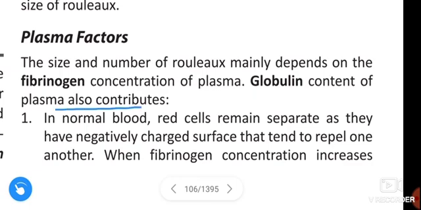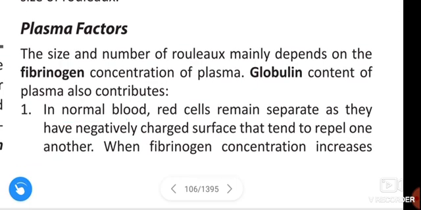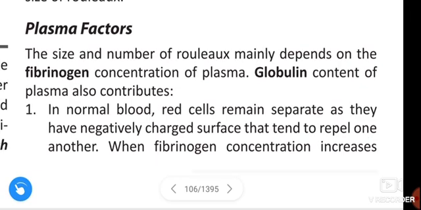In normal blood, red cells may remain separate as they have a negatively charged surface that tends to repel one another.